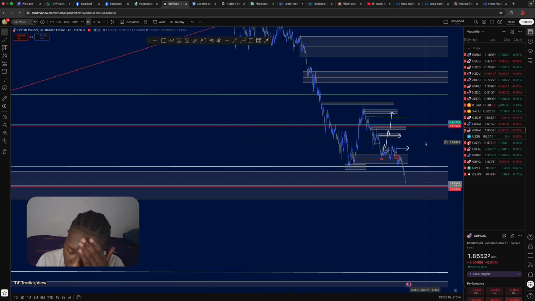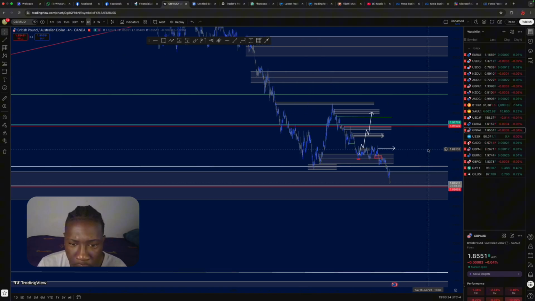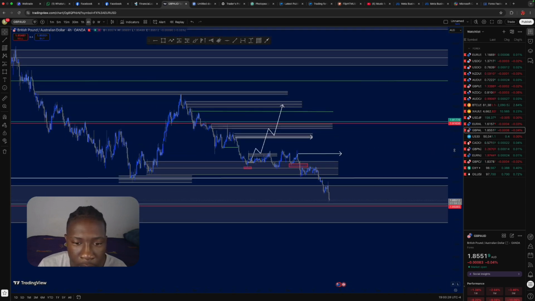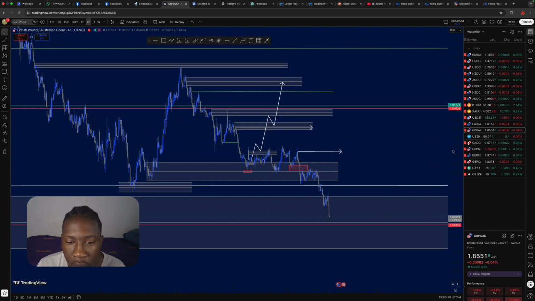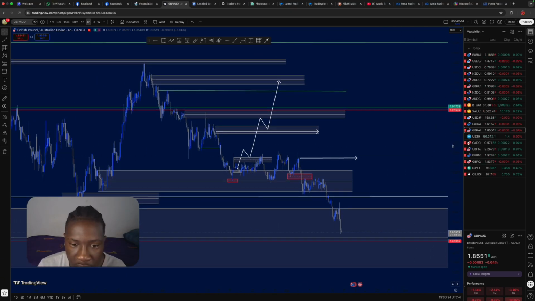I just want to do another analysis on GBPAUD and EURAUD to see what is happening, because we need to make profits with these moves.